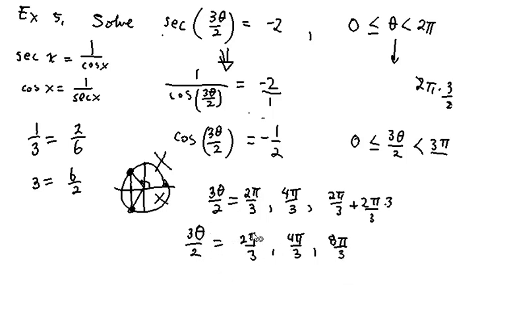All right. Now I need to convert these back into my original theta. So I have 3 solutions for this range. Now let's get this back into just theta. So I need to multiply everything by 2/3, right?